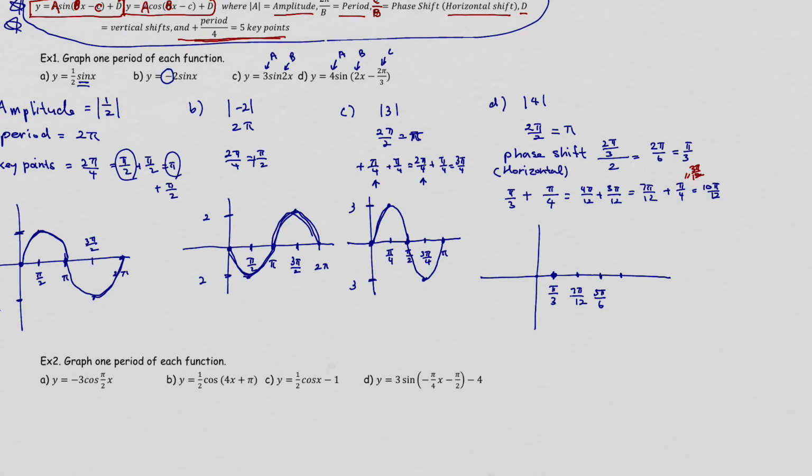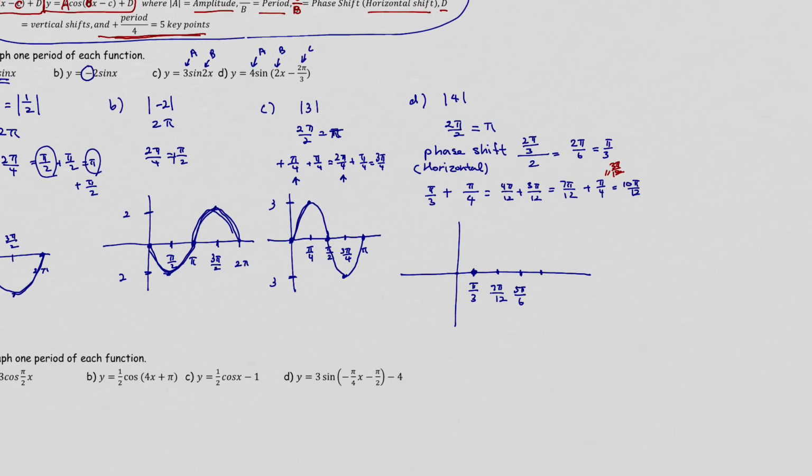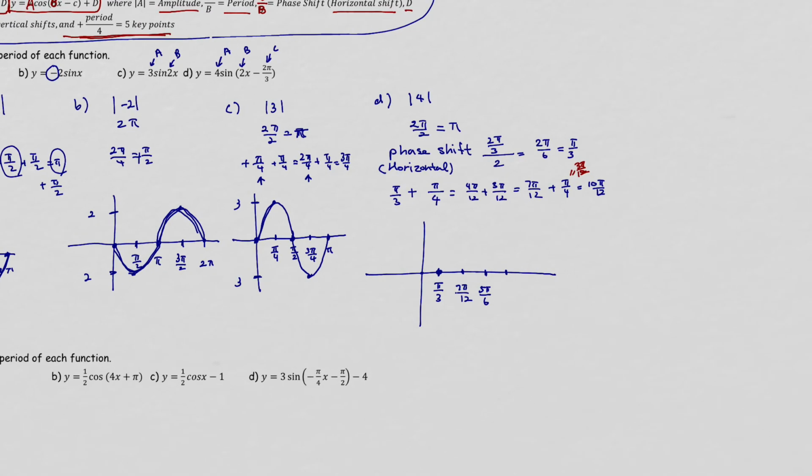Let me just scroll over a little bit. We're going to add another pi over 4, which is 3 pi over 12. This is going to give you 13 pi over 12, so that's the 4th point.